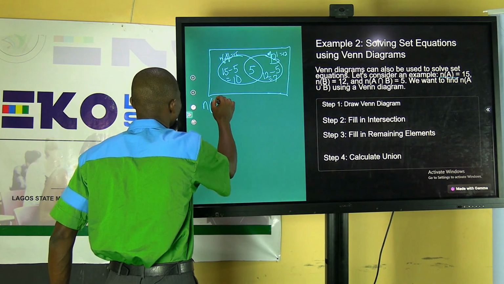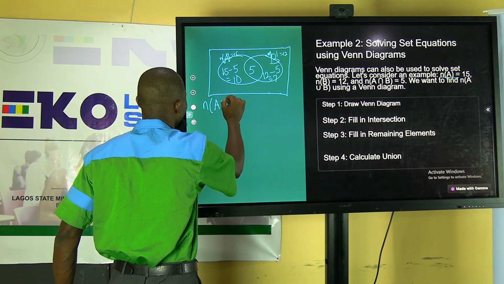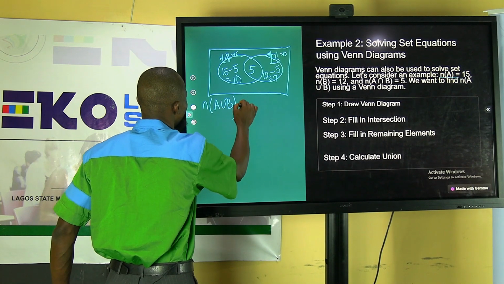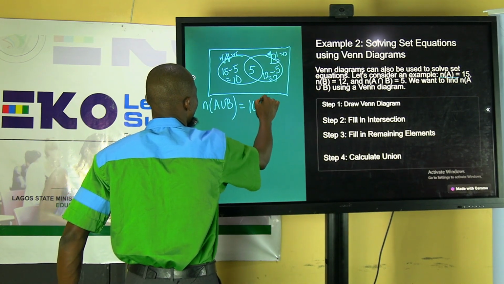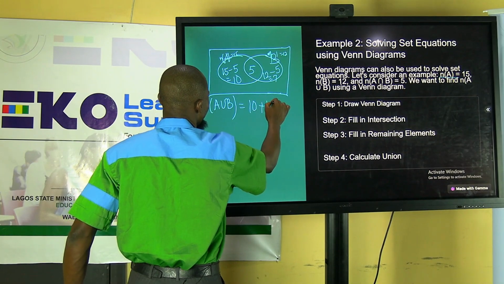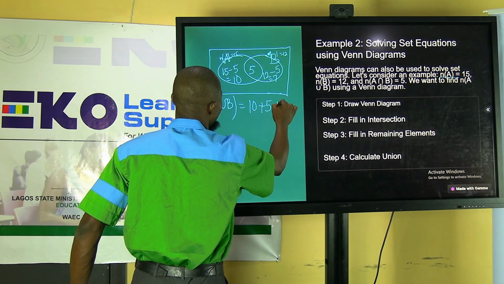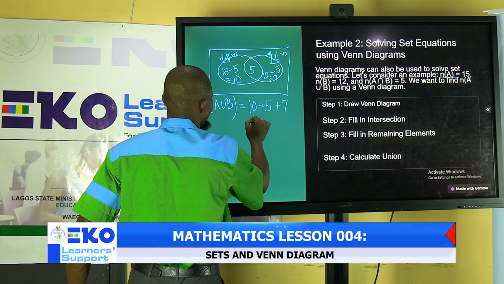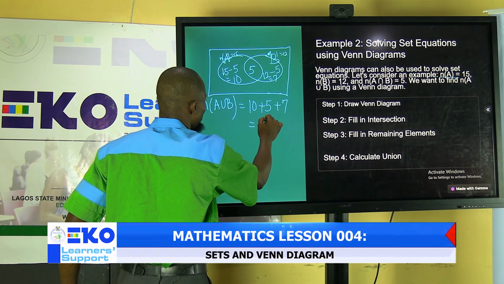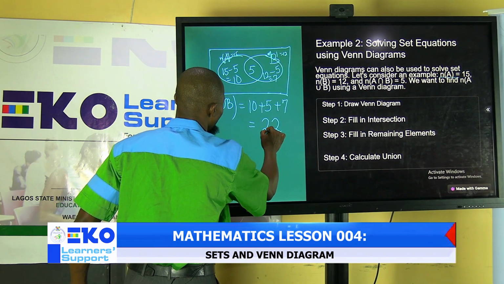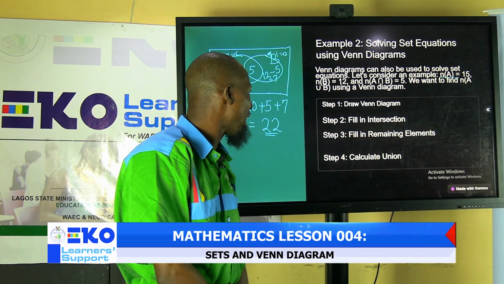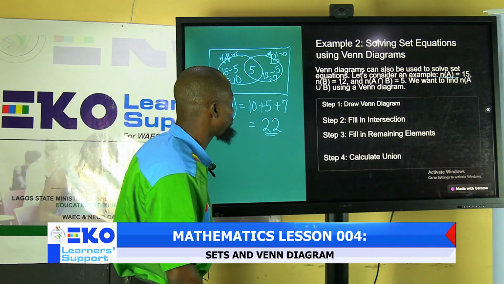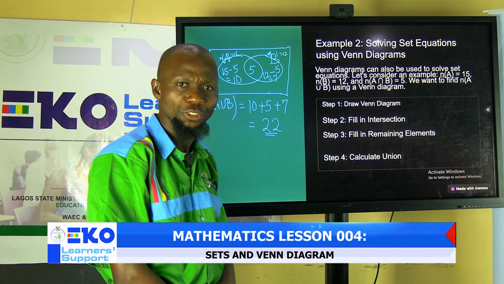Number of A union B. We have 10 elements here, 5 elements here, and 7 elements here. And that is 22. So the number of elements in A union B is 22. Do you get that?